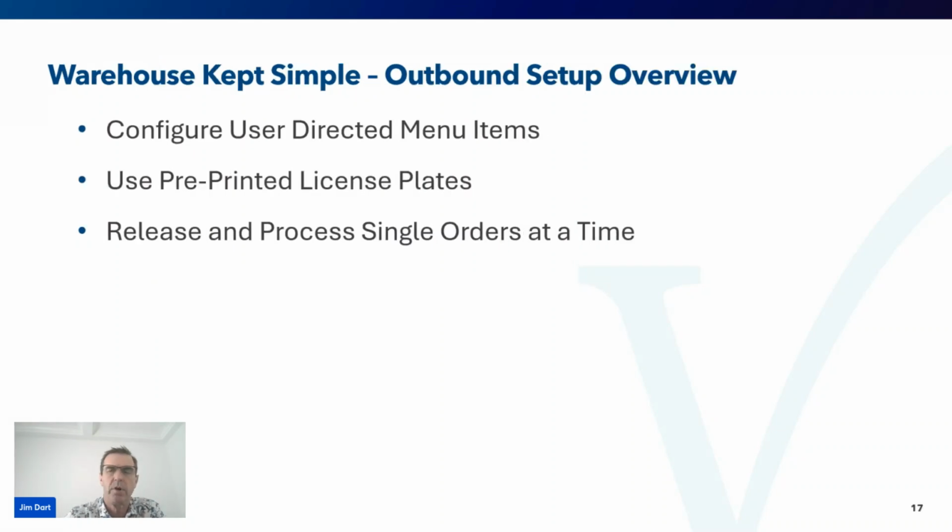So keeping warehouse simple. This is in discussion with regard to outbound operations. So whether that's shipping or shipping finished goods orders, trucks or transfers that might need to go out to other organizational units. The first bullet there, configure user-directed menu items. This is referring to what you're putting on the mobile device for the users.